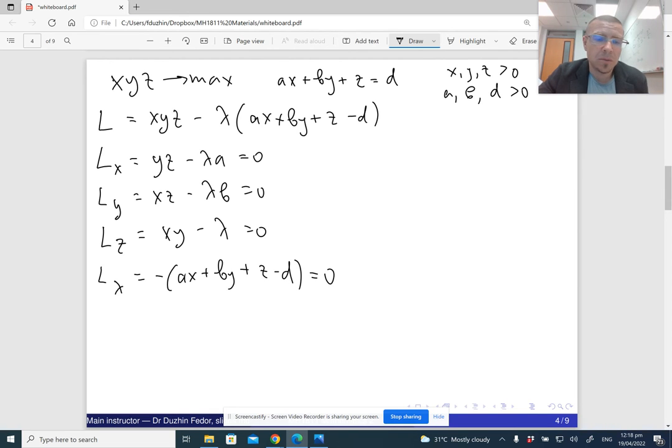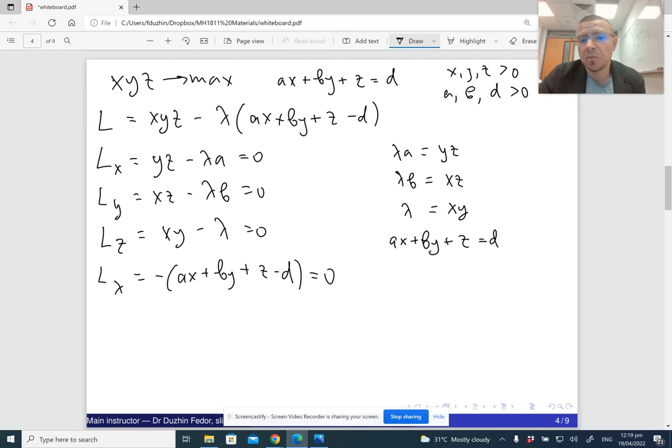So now the first equation is just lambda a equals yz. The second equation is lambda b equals xz. The third equation tells us the value of lambda is just xy, which is very convenient. The fourth equation is the constraint, ax plus by plus z equals d.